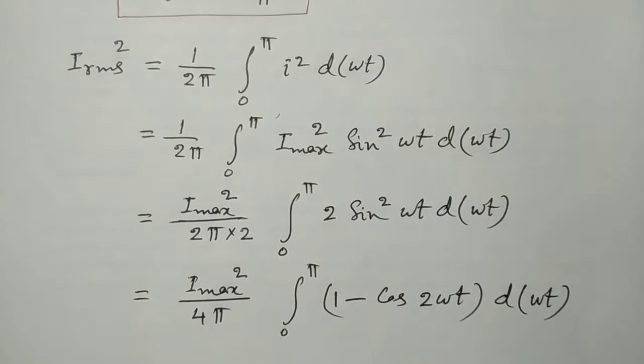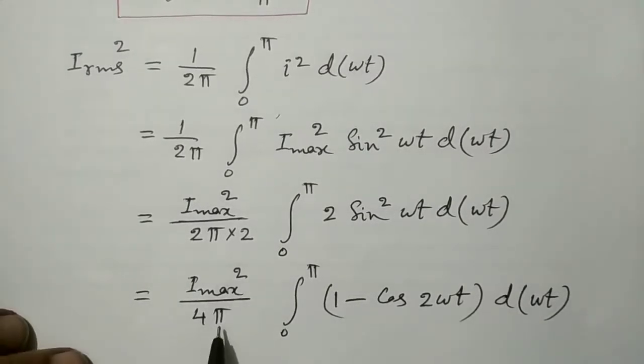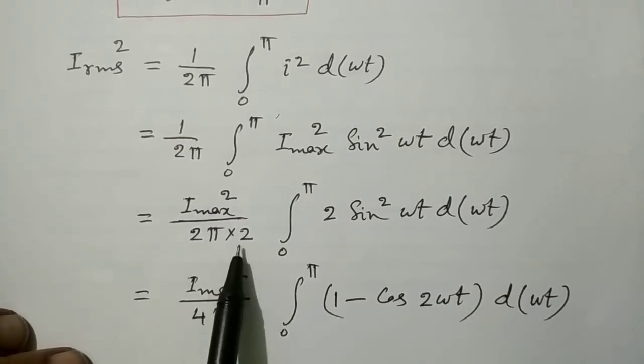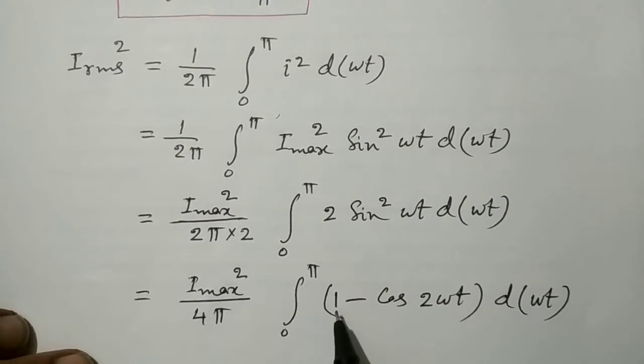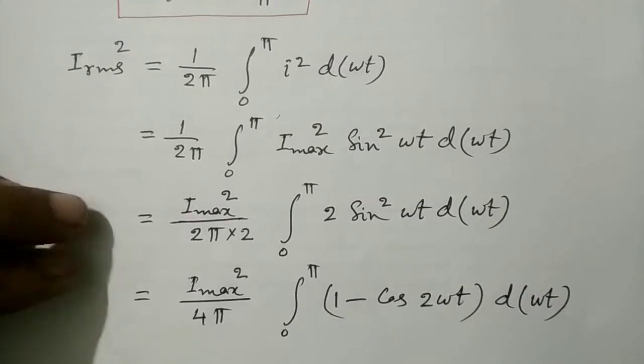In the next step, it can be written as I max square by 4 pi, because 2 pi into 2. Then 2 sin square omega t can be written as 1 minus cos 2 omega t, and we will integrate this value with respect to d omega t within the range of 0 to pi.